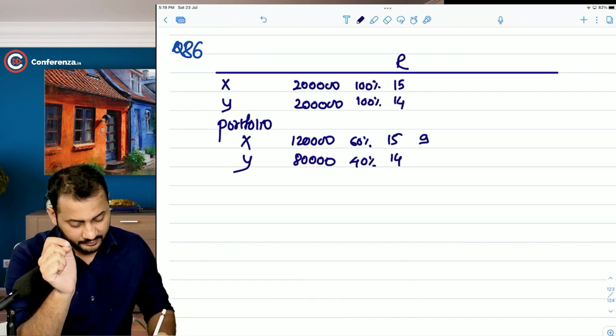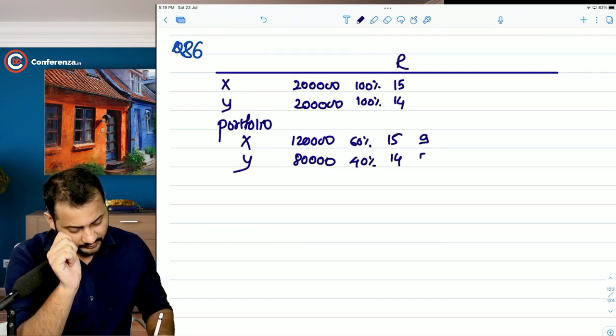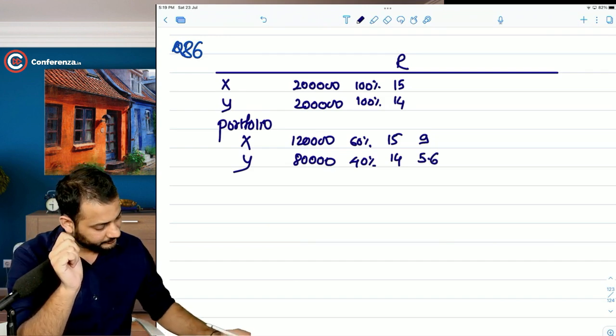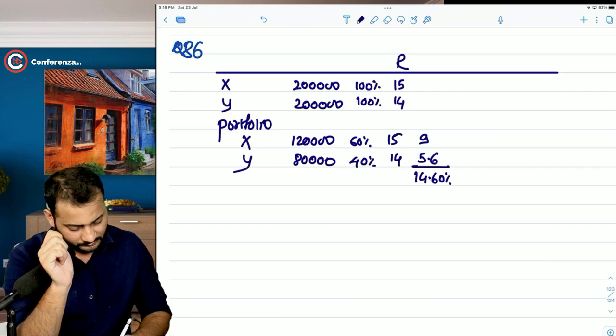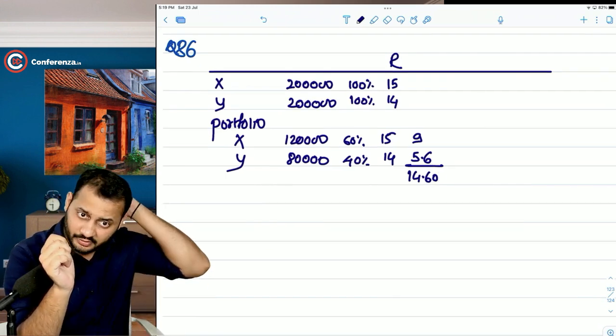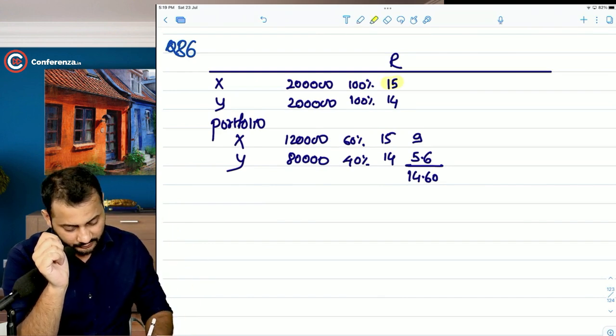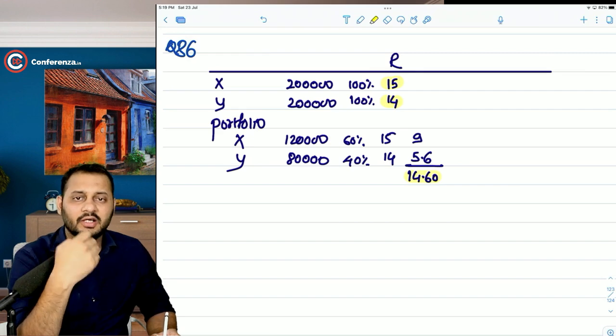So it will be 9%, 15 into 0.6, and 14 into 0.4 will be 5.6. Am I right? So the total will be 14.6%, the total return of the portfolio. So 15, 14 and 14.60 are the returns of our investment.